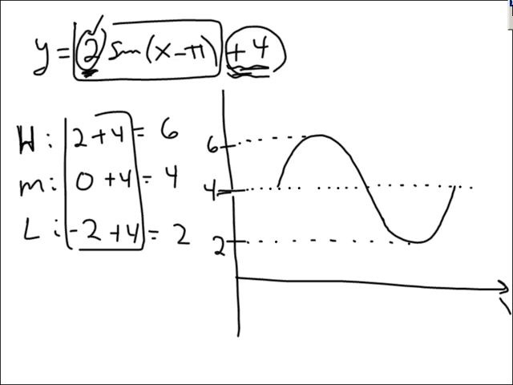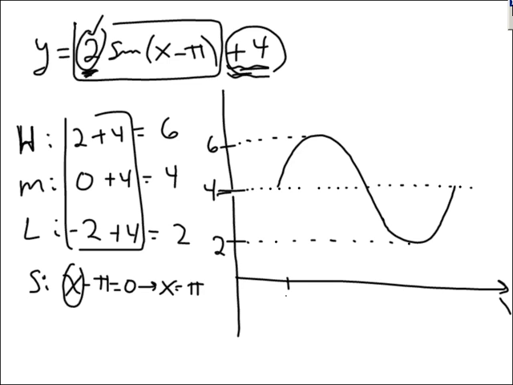Now again, that vertical line I drew may not be where the y-axis is. It'll be unusual if we're right, because we randomly picked it. Let's find the start and the finish. It starts when the angle is equal to 0. That means it starts at pi, because pi take away pi is 0.